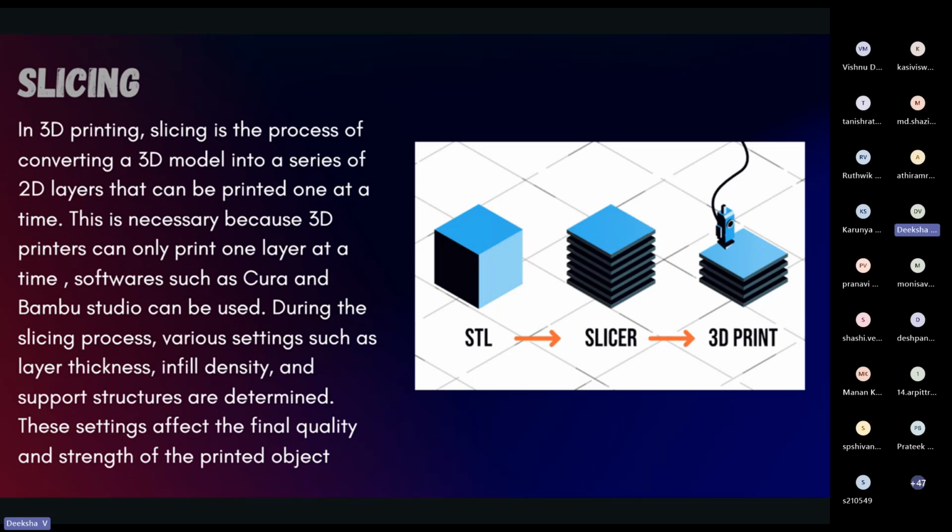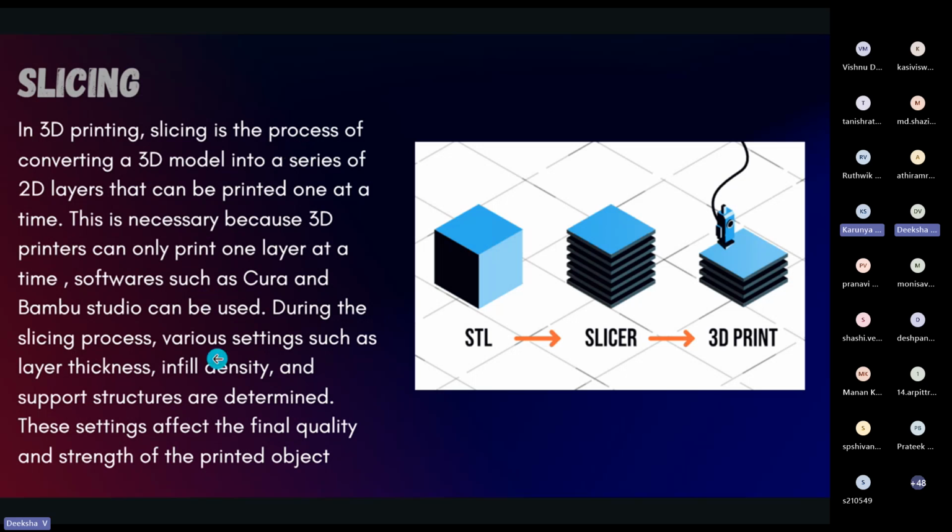Once the 2D layers are formed, each layer is deposited, and finally you can actually print the 3D model. Usually the outcome of slicing is a G code. G code is basically the code which you finally upload into a 3D printer, which is used for printing.